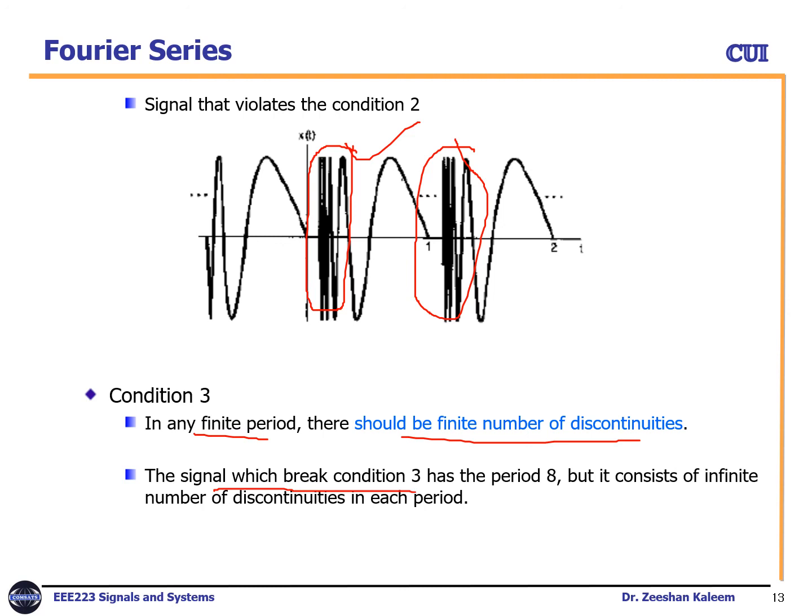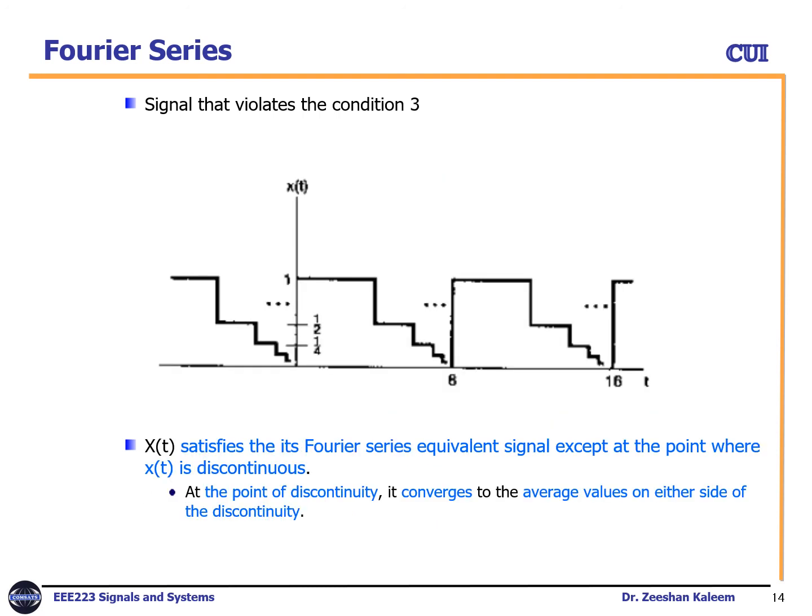Let's see the signal. This signal has a period of 8, for example from here to here, but you can find the number of discontinuities in this way.